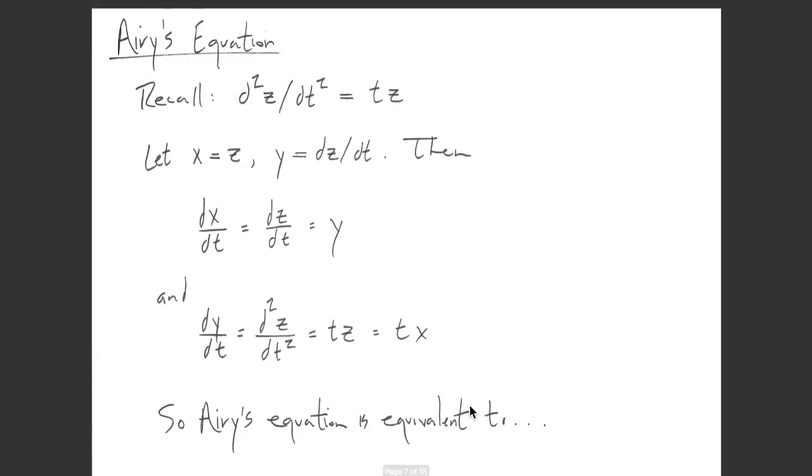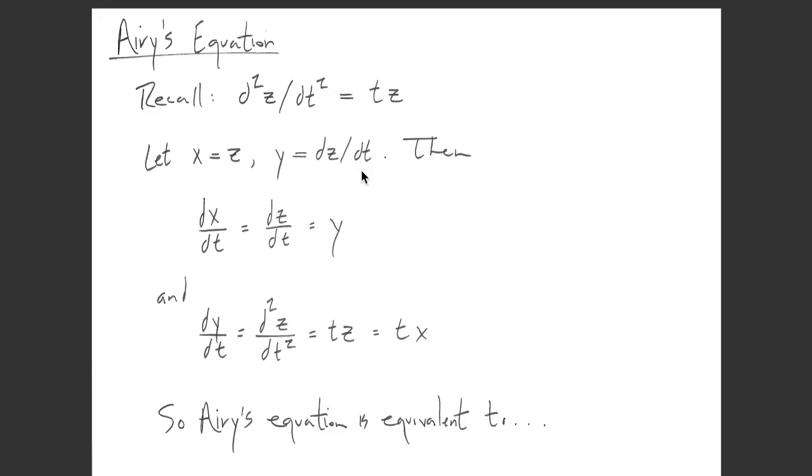Okay, so let's look at how the reduction of order process works in Airy's equation. So Airy's equation, remember, d squared z dt squared is equal to t times z. So again, the idea to reduce this to a first order system is to let x be the original unknown function z and let y be the derivative of that unknown function.